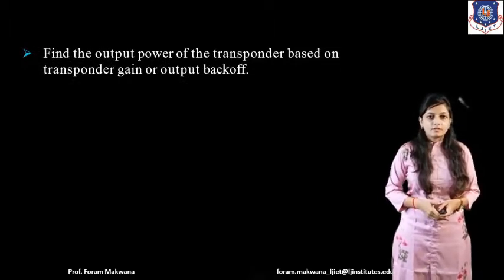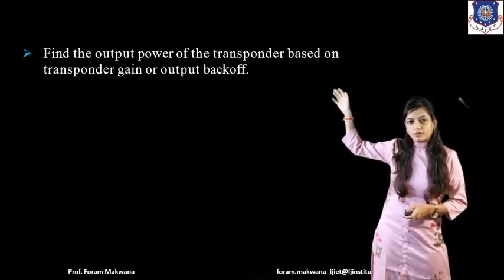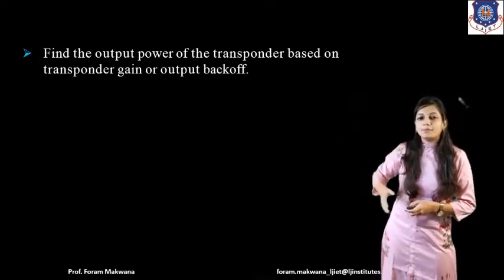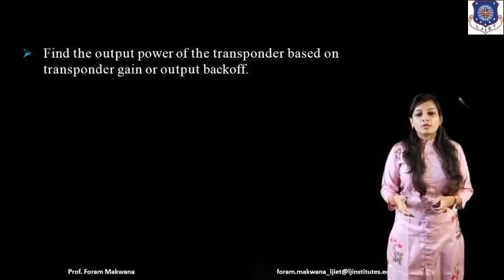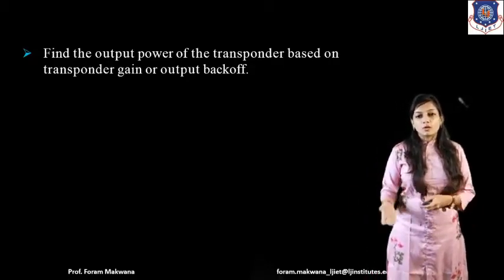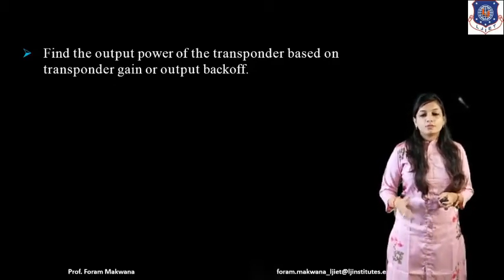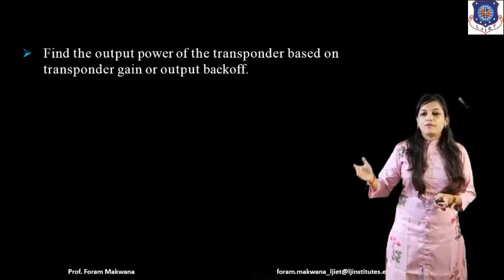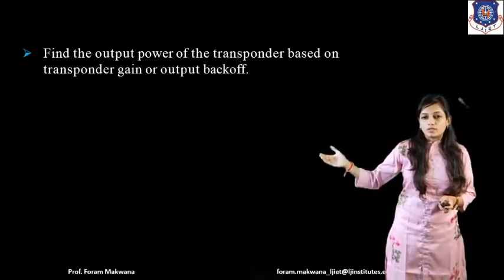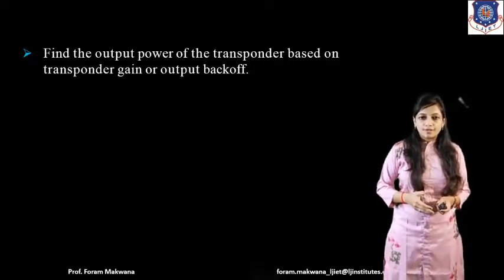After that, we will find the output power of the transponder based on the gain, whether I am going to calculate for uplink or downlink. If it is for uplink, we need to consider input backoff. When we are going to deal with the downlink, we need to consider the output backoff, right?